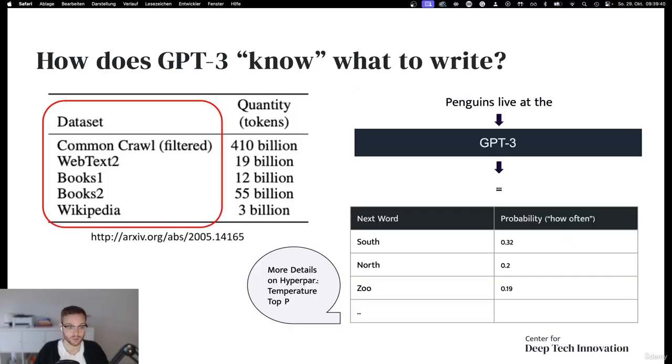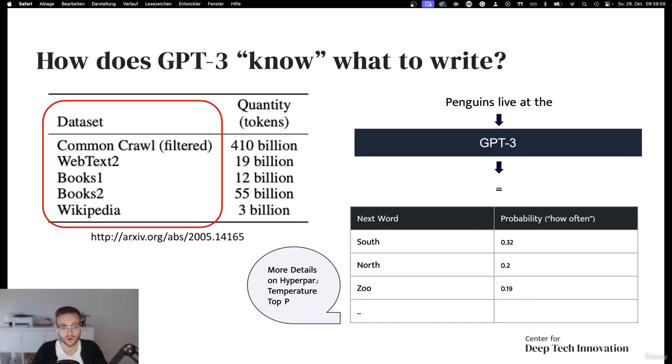And here's a little picture of GPT-3, so that you just have a feeling for the amount of tokens and the amount of words that we're putting into the training of this large language model.